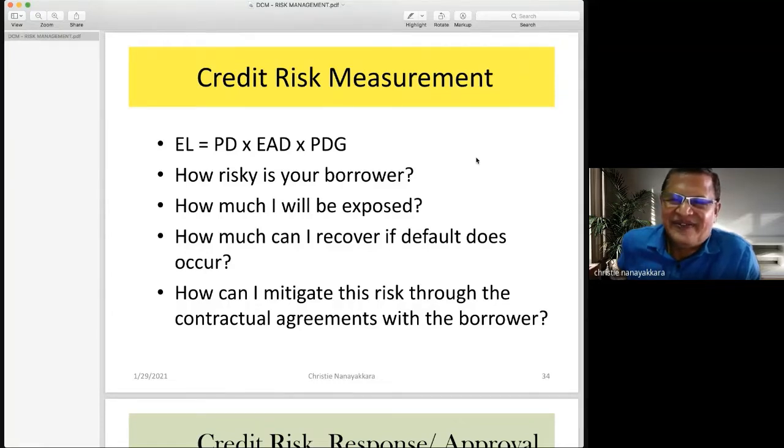EAD: we'll take a 1 million facility. He has paid equal installments over 5 years, so you divide 1 million, and each year he will be paying 200,000. First year he has paid 200,000, second year 200,000, third year 200,000.